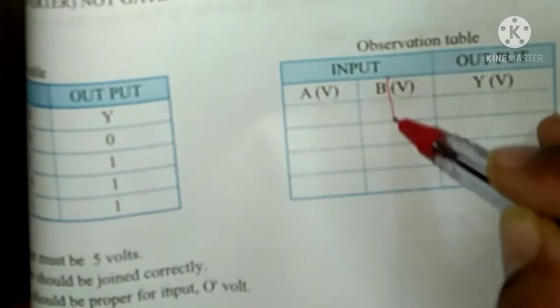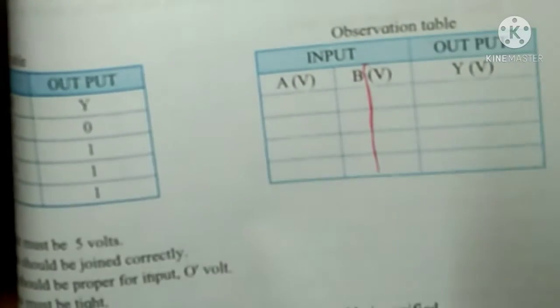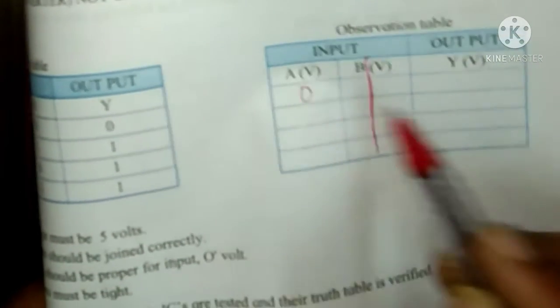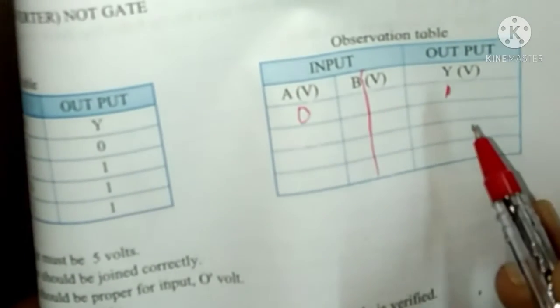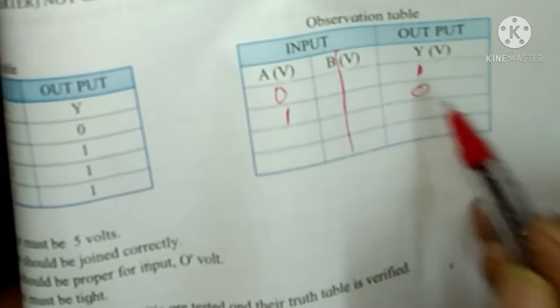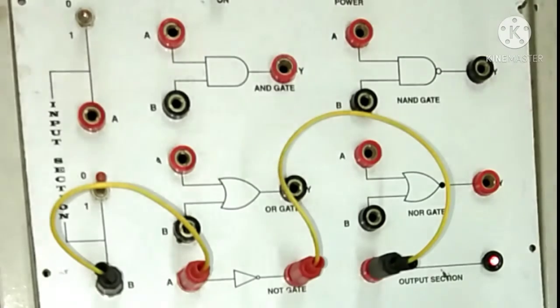So that's why here we want to neglect this column. Here, when the input is 0, then at that time we get the output 1. Or when we keep the input 1, then output is 0. It means that we get the output exactly opposite to the input. Right? Now, this is about the NOT gate or simply basic logic gates.